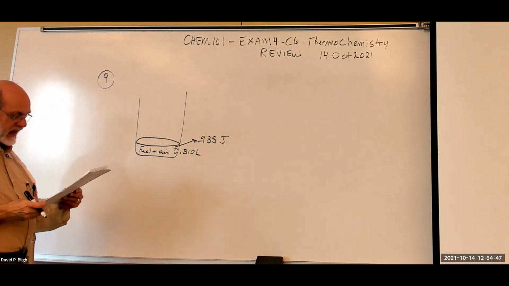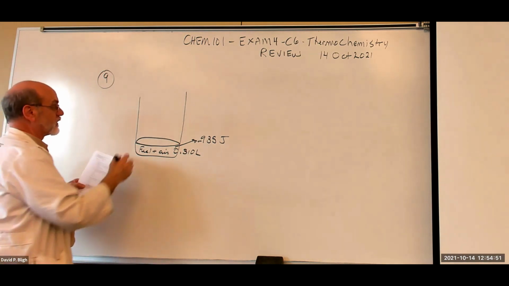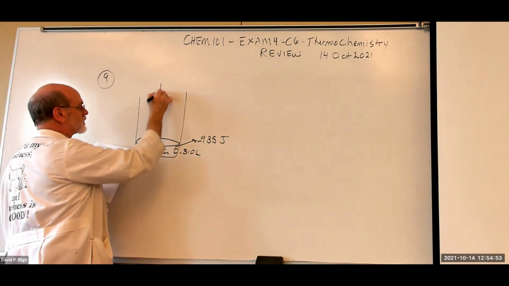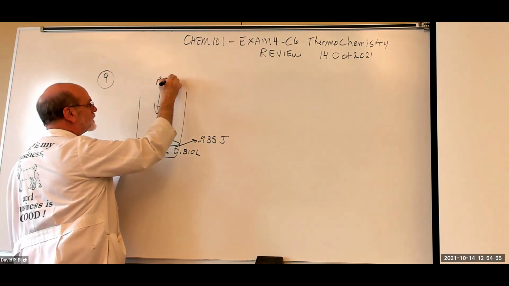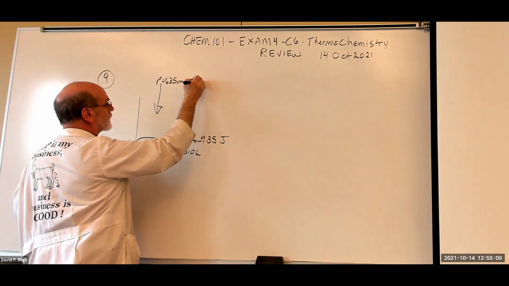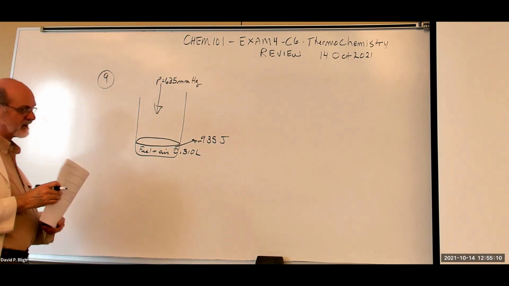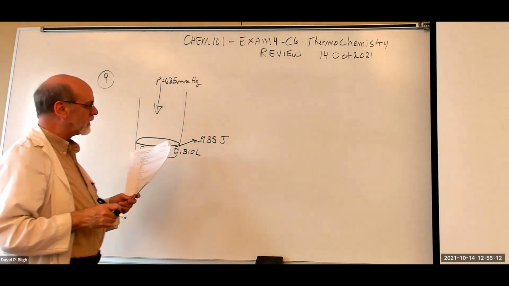To what volume will the gas expand against a constant pressure of 635 millimeters of mercury? If all the energy is released and is converted to work to push the piston, okay, there's the key. It's all converted to work.